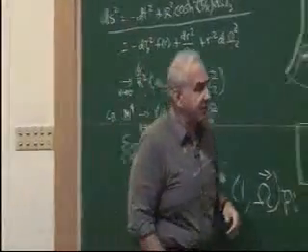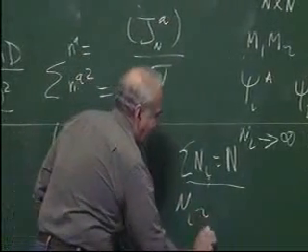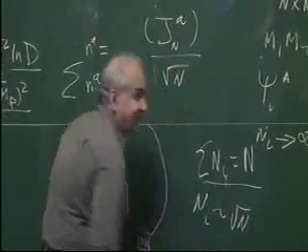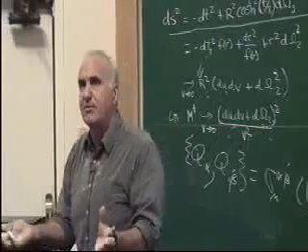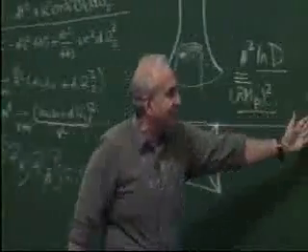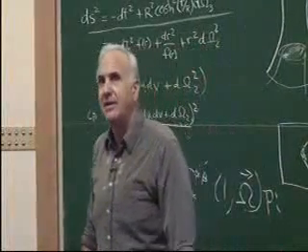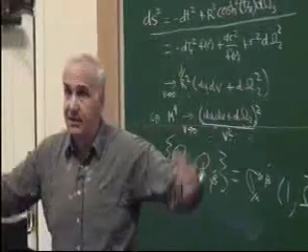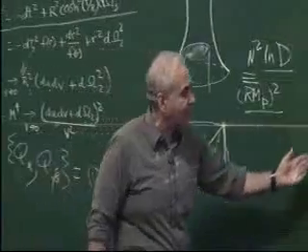The answer is you maximize the entropy by taking n_i to scale like the square root of n. Then you can have lots of spherical harmonics per block and lots of blocks. And if I do that, I get an entropy that scales like n to the 3/2, like the particle entropy in the calculation that I waved my hands about before.